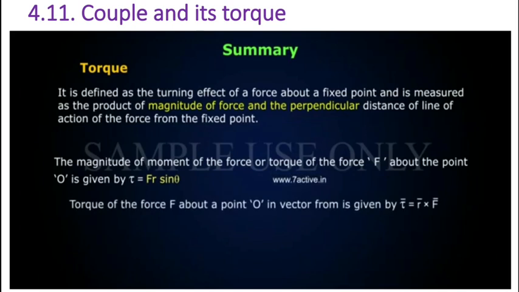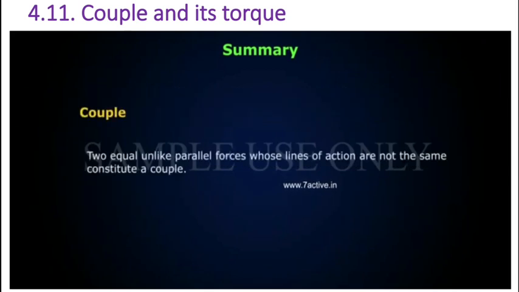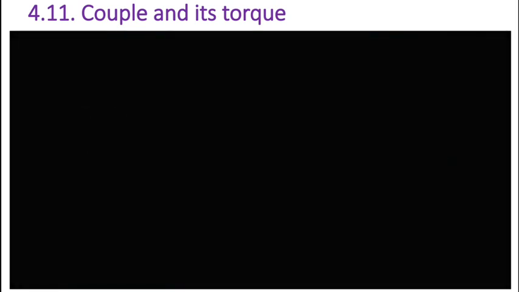Torque of the force F about a point O in vector form is given by tau equals R cross F. Couple. Two equal unlike parallel forces whose lines of action are not the same constitute a couple.